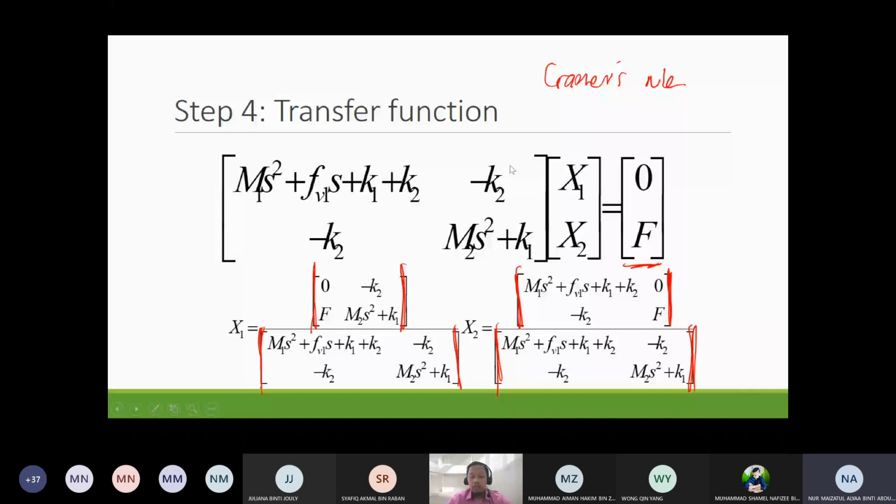For a 2 by 2 matrix, I think you can calculate the determinant manually by hand. But for 3 by 3 later, it's a bit difficult. So this is how you find x1 and x2.